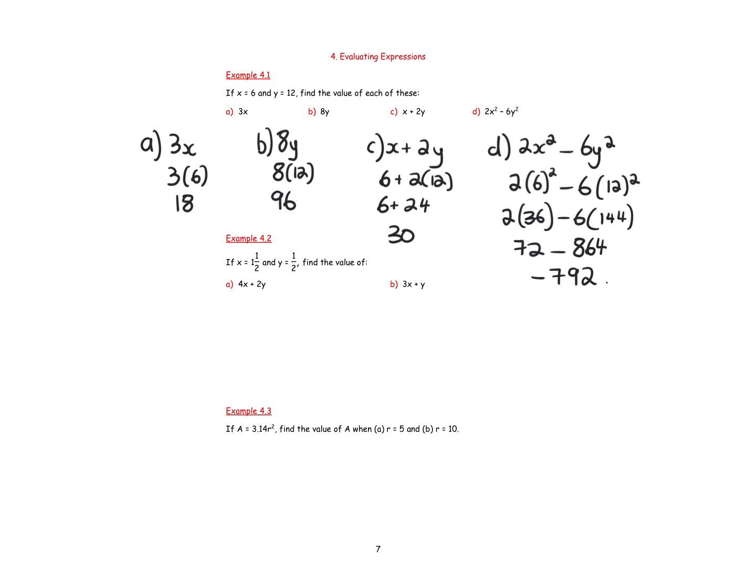Example 4.2 says, if x is equal to 1.5 and y is equal to 1/2, find the value of a, 4x plus 2y, and b, 3x plus y. In A, we have 4x plus 2y, so we replace x with what we know it is, which is 1.5. However, I think it is best to always write it as a top-heavy fraction.